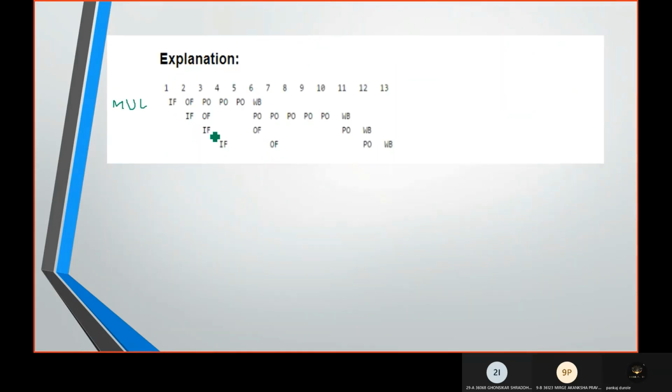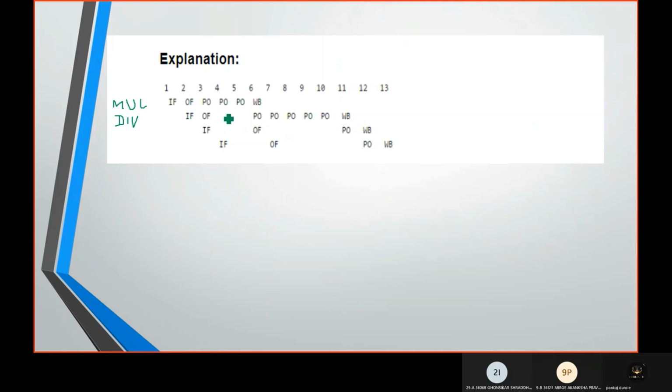Already I have fetched the first instruction in the first stage, so I go to the second stage, where I fetch the next instruction, the division instruction. I perform instruction fetch and decode, then operand fetch.